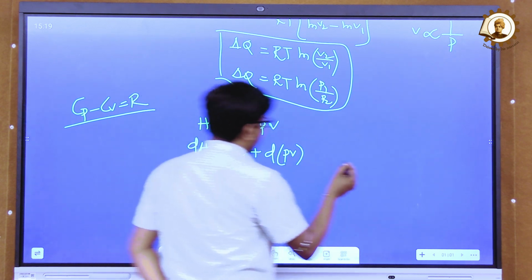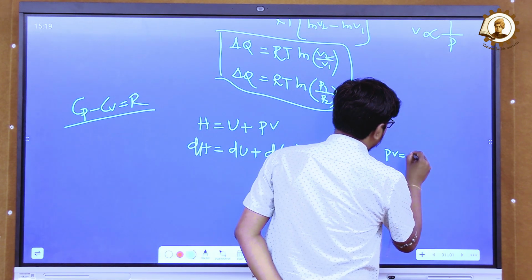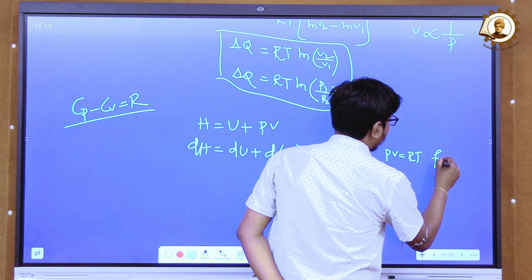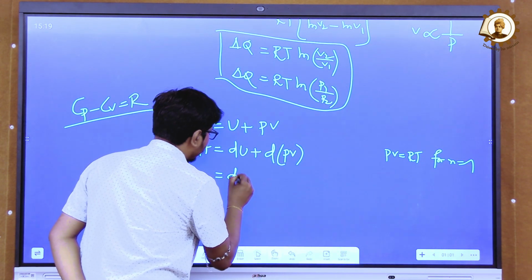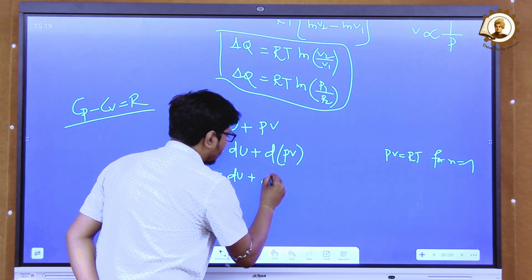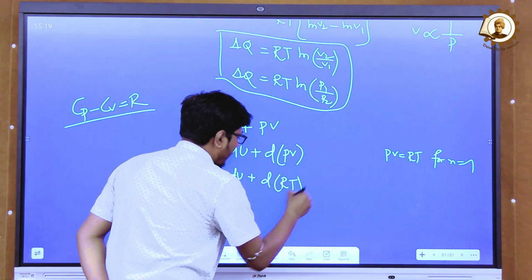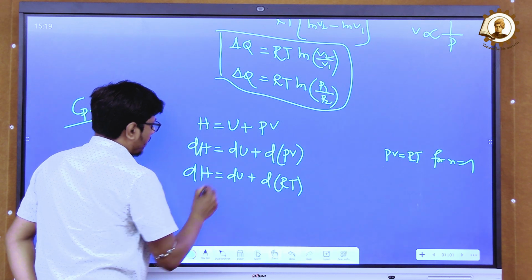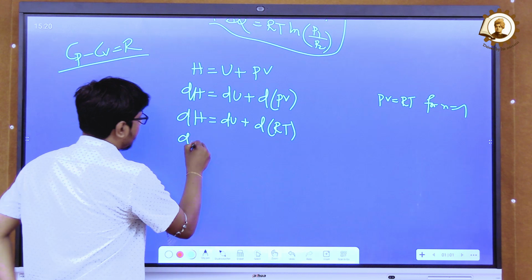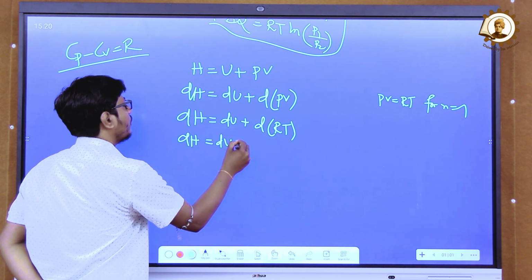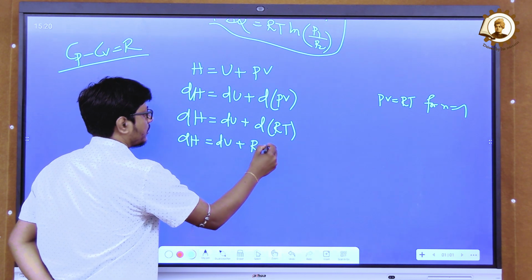Okay. Now we know that PV is equal to RT for n equal to 1. Now if we replace this, dH is equal to dU plus d(RT). Okay. Now again dH equal to dU plus R dT, as R is constant.